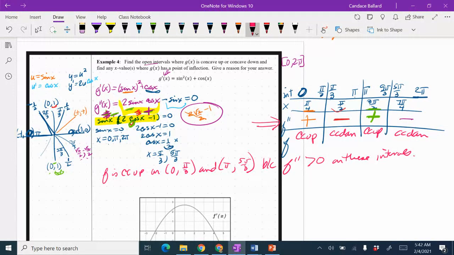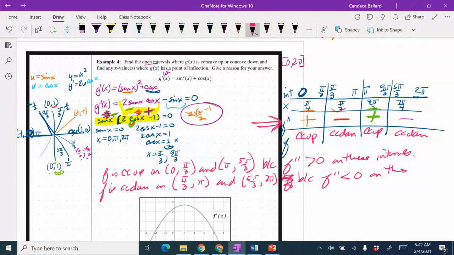F is concave down on pi over 3 to pi and 5 pi over 3 to 2 pi. Again, we're looking at this row for reasoning because F double prime is less than 0 on these intervals. I did not do a good job of writing it.